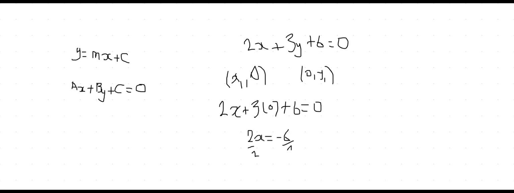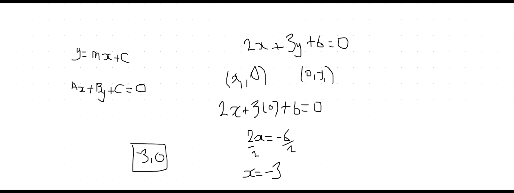We have x is equal to -3. So this is the number at which this line crosses the x-axis. And so that point can be written as -3, 0. So this is our x-intercept.